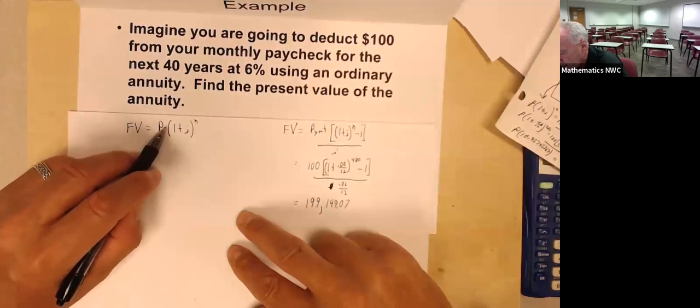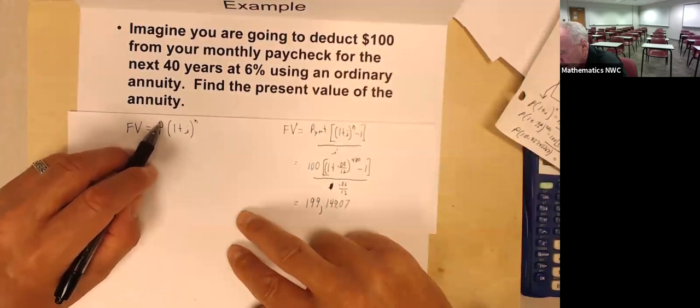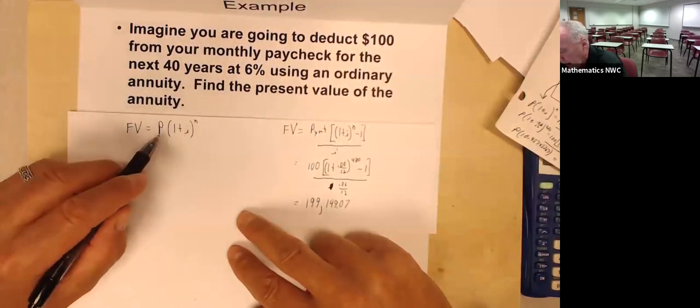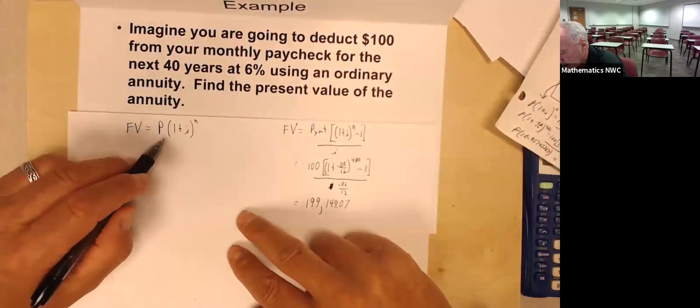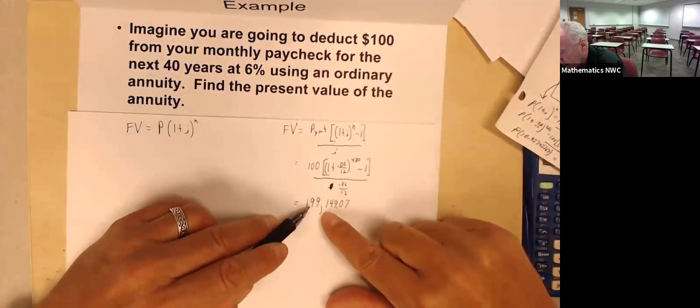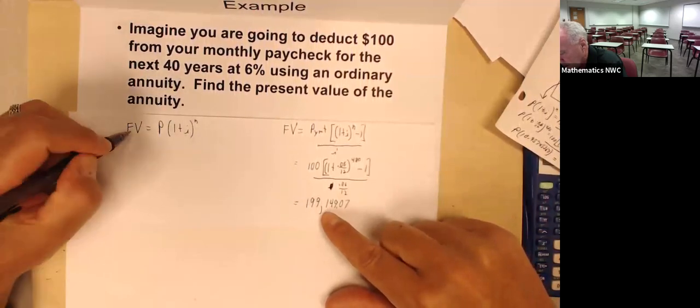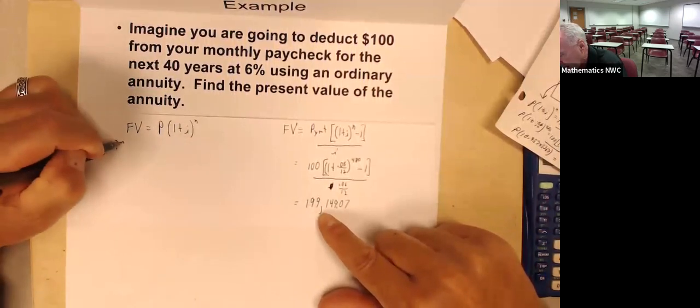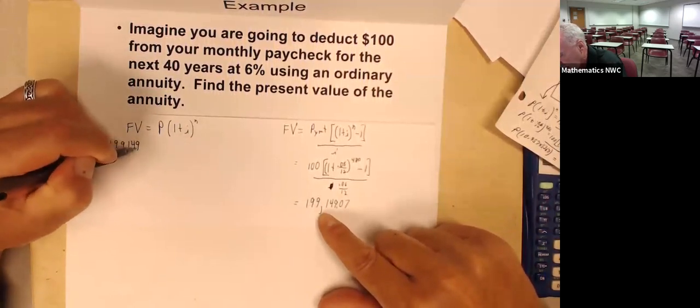That one-time amount is referred to as your present value. I want this compound interest account to be worth $199,000 in 40 years. So I want my future value to be $199,149.07.